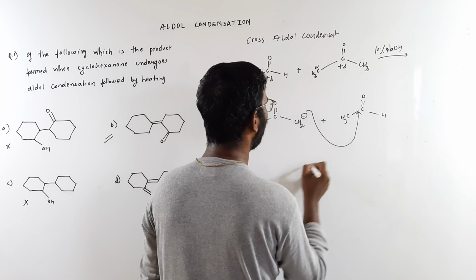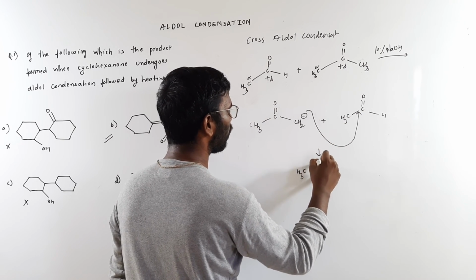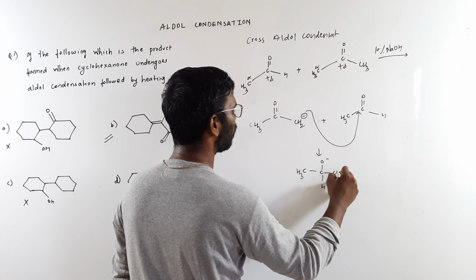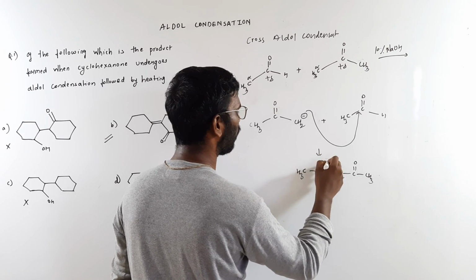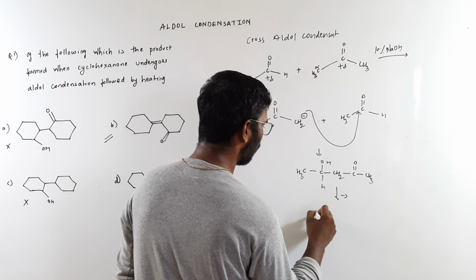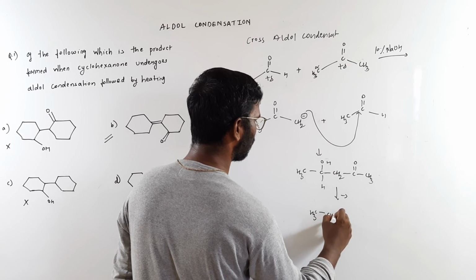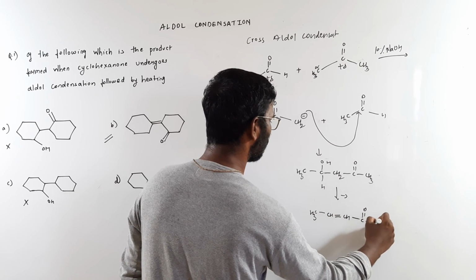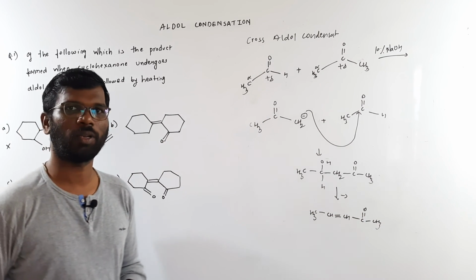So this is going to attack over here, and what you are going to get is CO, then H minus, then this is CH2, C double bond O, CH3. This is going to get converted to OH, and after dehydration, what you are going to get is CH double bond CH, C double bond O, CH3. So this is where we understand what exactly the aldol condensation is.